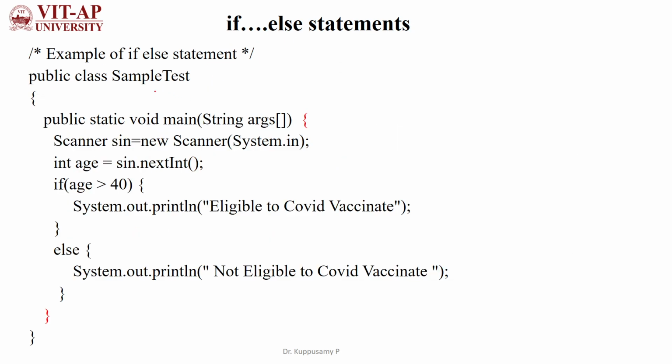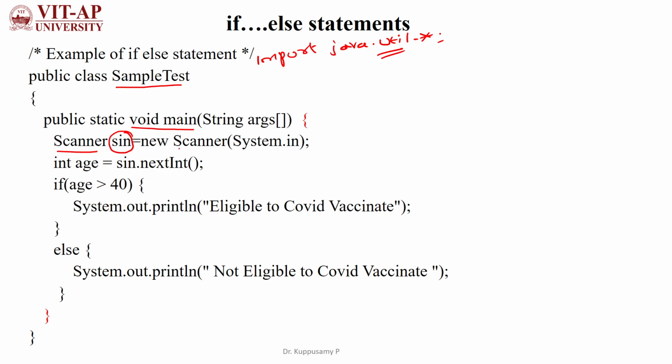For example, here the SampleTest class is created, and inside the main method we are creating a number of statements. Here we are using user input, so the user can give the input by using the Scanner class. For that you have to import java.util.*, because the Scanner class is available inside the util package.